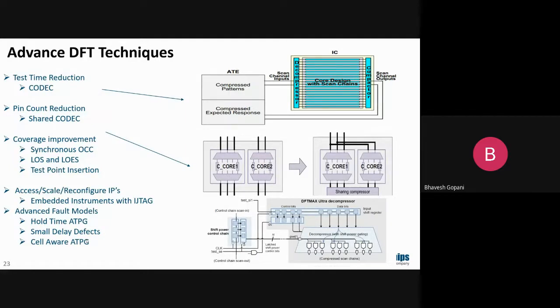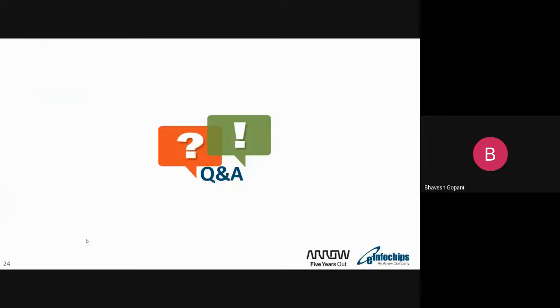Flops are working as expected, but there are some defects inside the flop, which are very difficult to catch. That's why cell level ATPG comes into the picture. This kind of technique we normally use depending on the requirements. So I think that's it from my side.